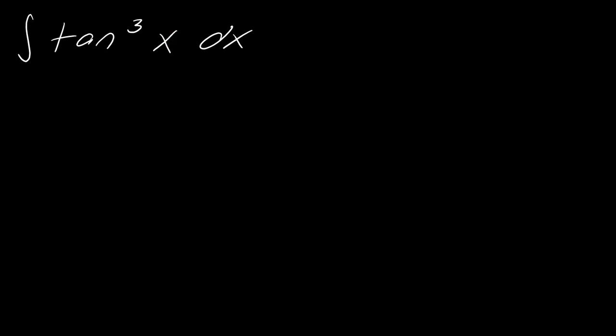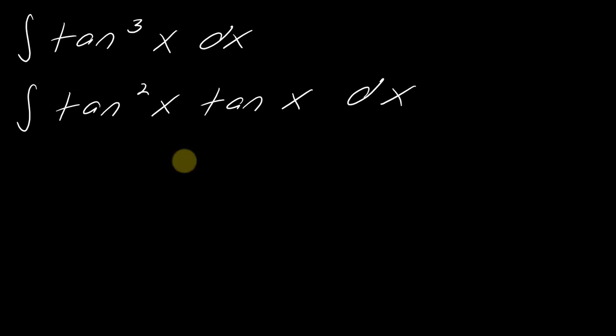My gut feeling is that I probably want to split this up into as many even powers of tangent as I possibly can, and then that leftover one makes it odd. This is very often where you want to start, and then you start working through these even powers. Now in this case, with tangent squared, at this point I can already rewrite this.